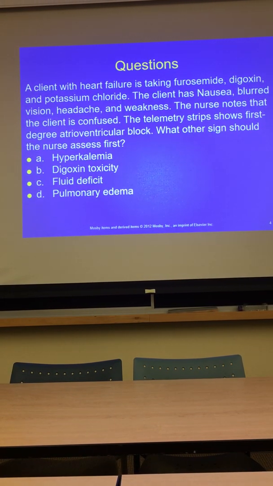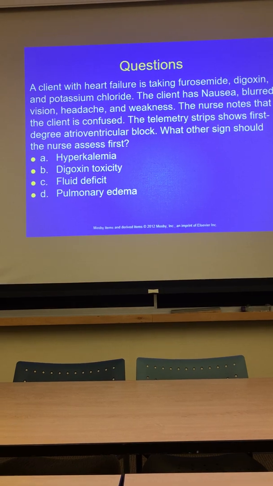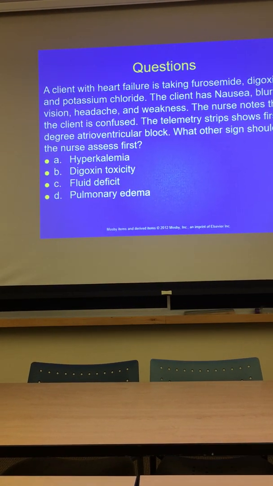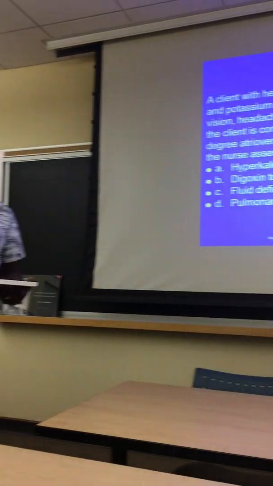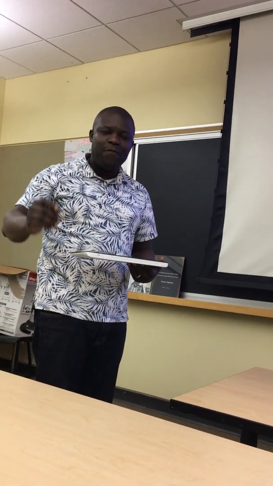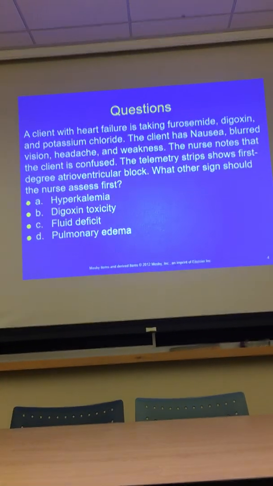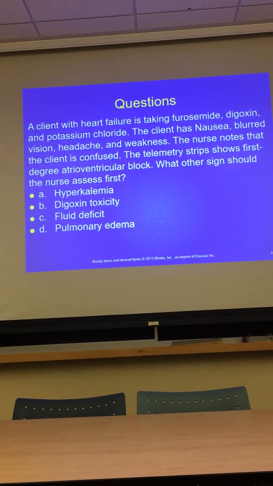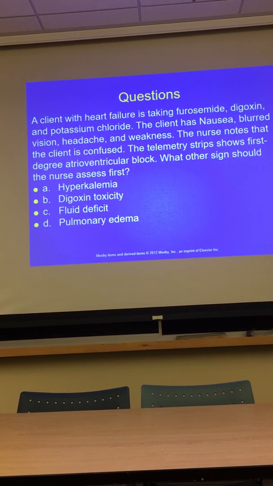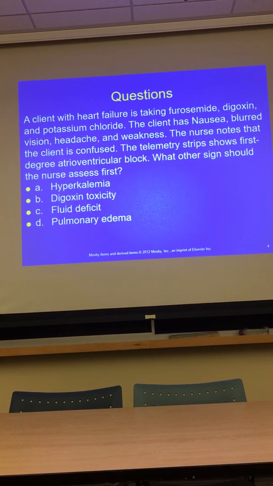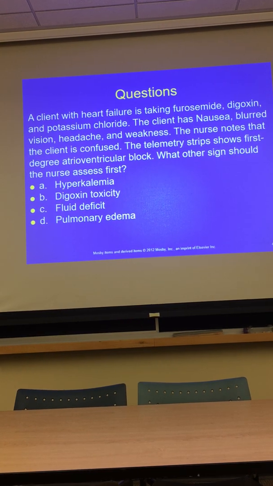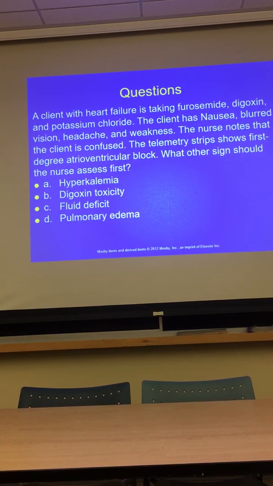Signs and symptoms of digoxin toxicity are headache, nausea, blurred vision, and vomiting. So in this case, the most important answer is B, digoxin toxicity, not hyperkalemia.